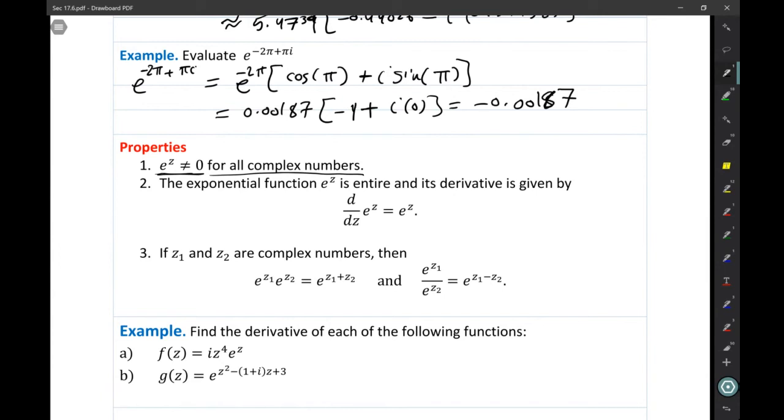So again, e to the power any complex number will not be equal to 0. Now the exponential function e to the power z is entire, and its derivative is given by d/dz of e^z equal to e^z, which is the same derivative of the exponential in real numbers.